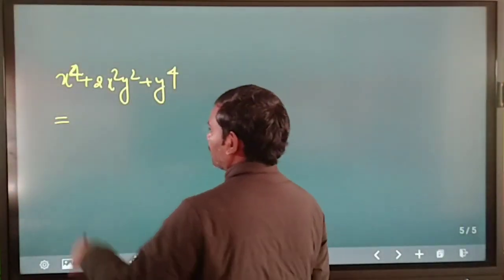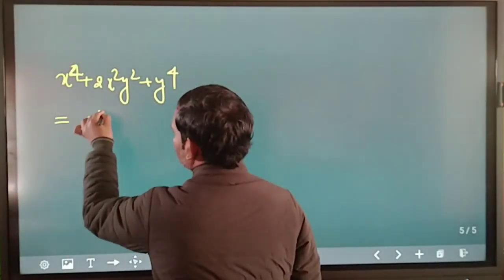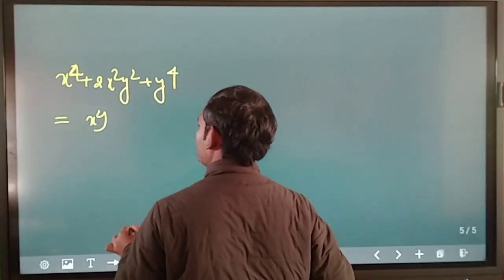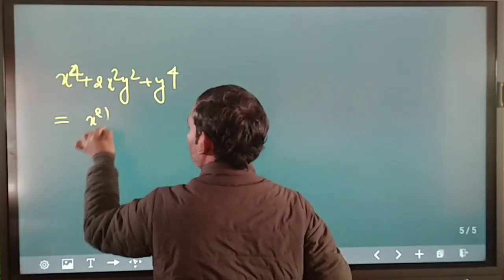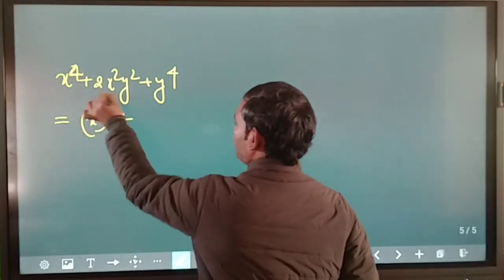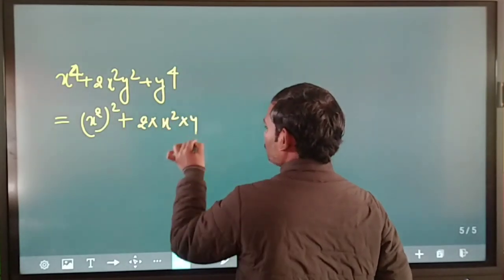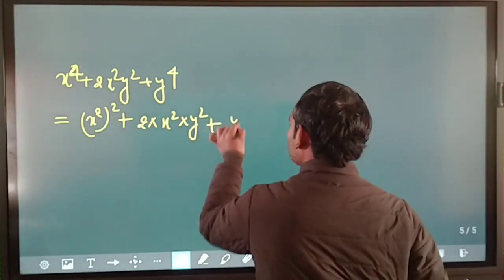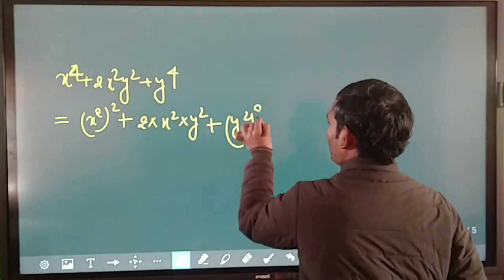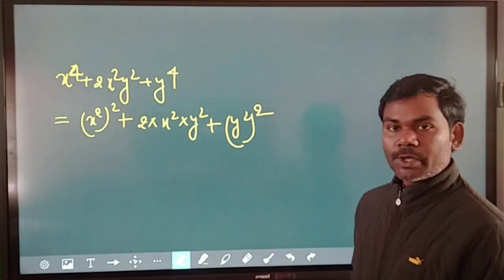So it can be written as whole square of x square, and it can be written as 2 into x square into y square, plus whole square of y square. Okay.